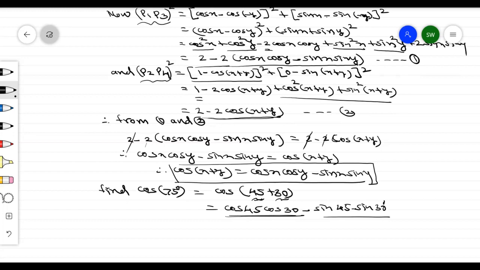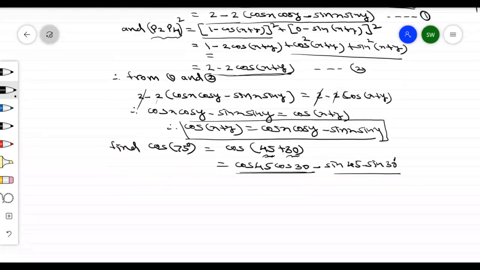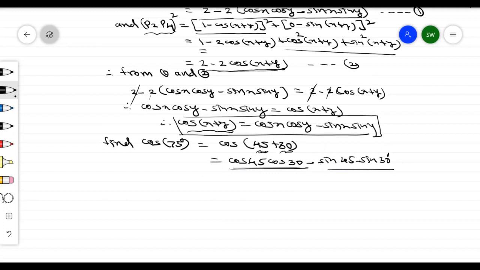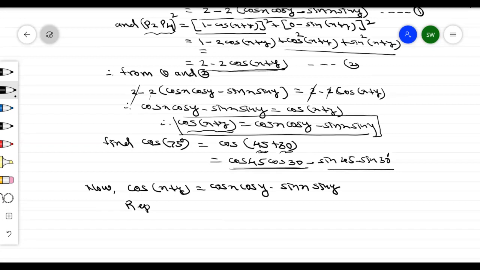Okay student, now as cos of x plus y equals cos x into cos y minus sin x into sin y, just by replacing this y by minus y, we find another result.